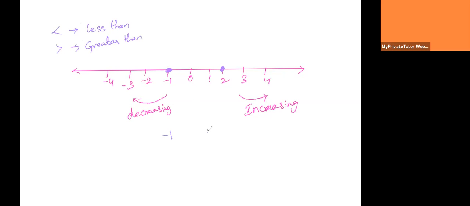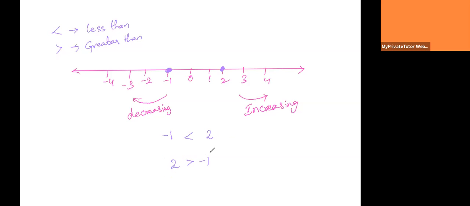Minus 1, 2, how do we compare? We can put it this way, because minus 1 is smaller than 2. We can also write the same thing like this. So this is called minus 1 is less than 2. Here, 2 is greater than minus 1.